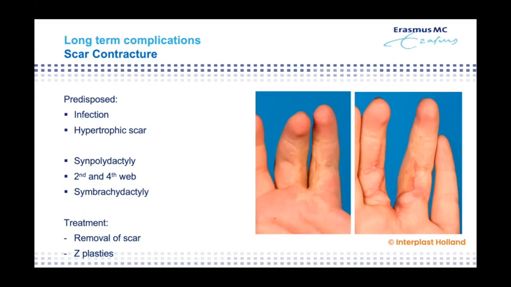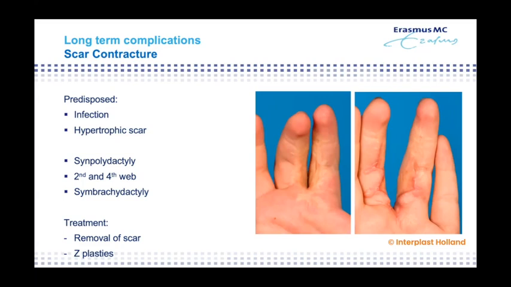Scar contractures in the synpolydactyly and in symbrachydactyly and the second and fourth web we see more often because the children themselves aren't able to extend the fingers in an intrinsic way.